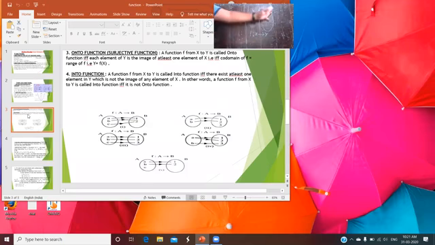There is no element left in the codomain Y which is not the image of any element of X, meaning all the elements of Y are mapped with some element of X. So if you have such a condition for the function, you can say that the function is an onto function. An onto function is also known as a surjective function.